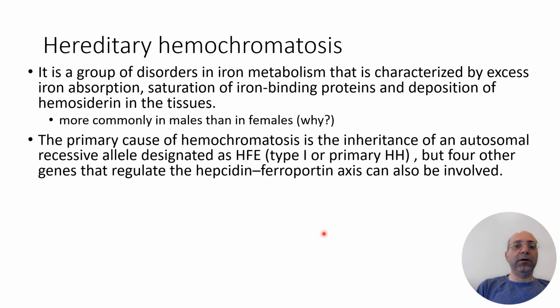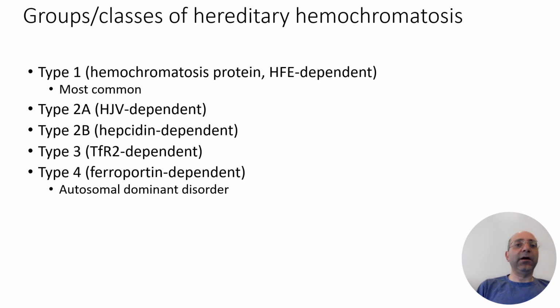لكن في عندنا other diseases related للهبسرين والفيروبورتين proteins as well. فإحنا عندنا different types of hereditary hemochromatosis. معروفين إنه type 1، في عندنا type 2A, type 2B, type 3, type 4. Each one of them is caused by a mutation in certain proteins.